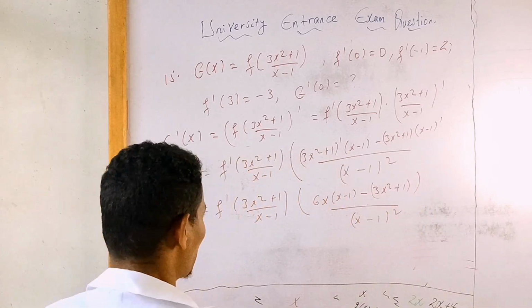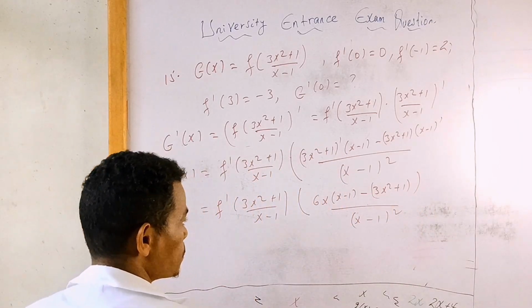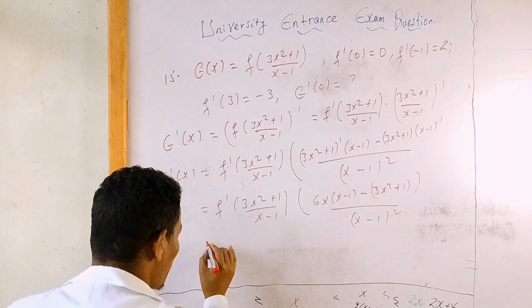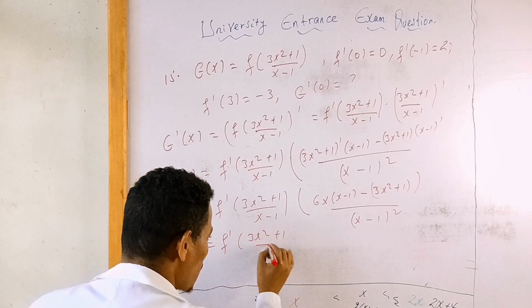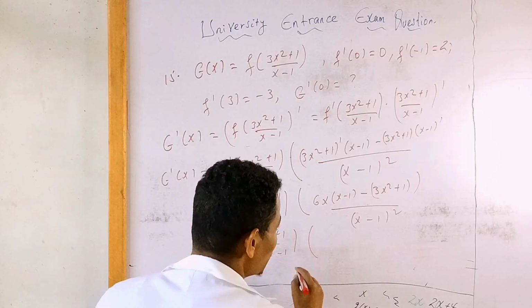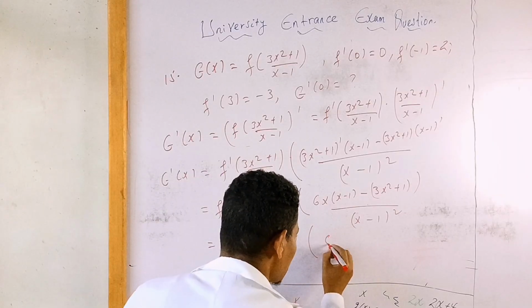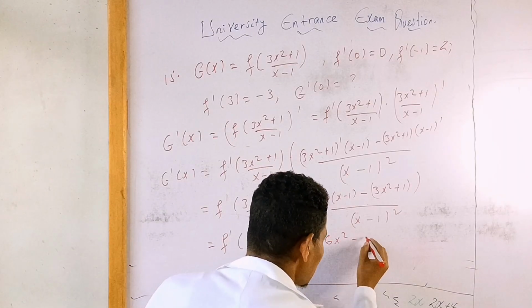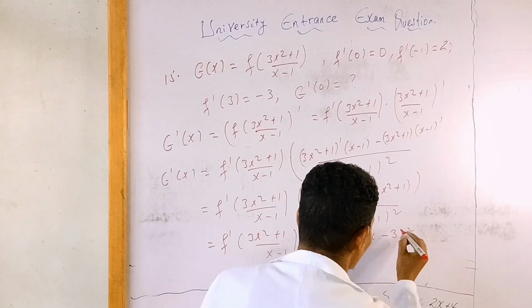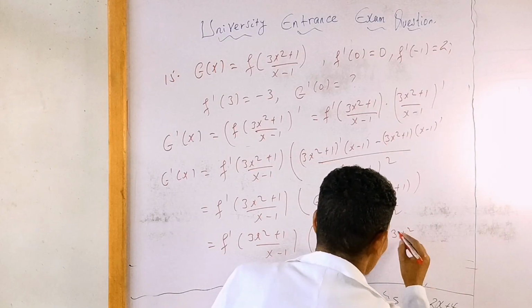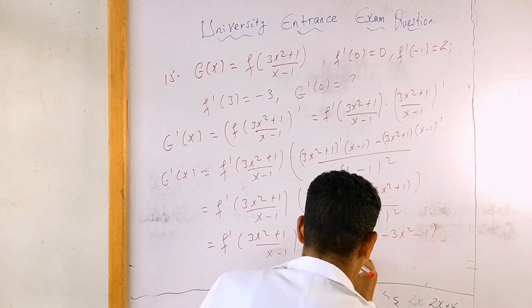That is equal to f derivative of 3x square plus 1 over x minus 1 into 6x square minus 6x minus 3x square minus 1, over x minus 1 the whole square.